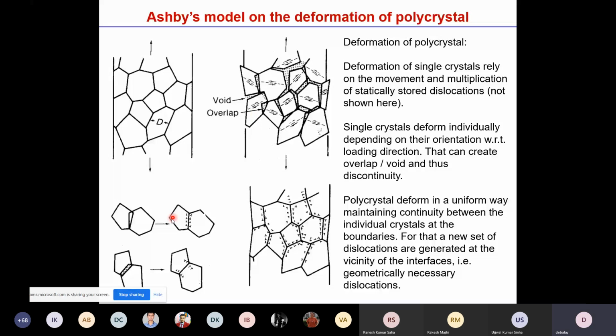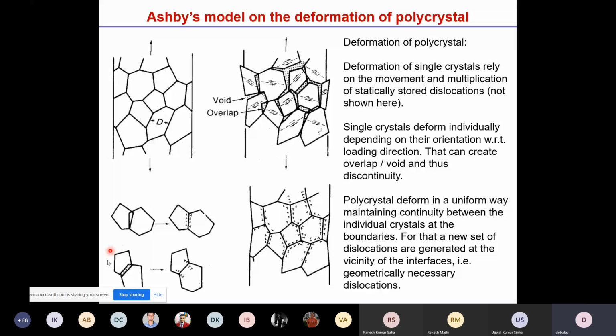Now, if you come down to the bottom left image, where two crystals are shown with an overlap and with a void, how will the dislocations come to take care of the void? How will the dislocations come to take care of the overlap? This is shown. These dislocations are the geometrically necessary dislocations.